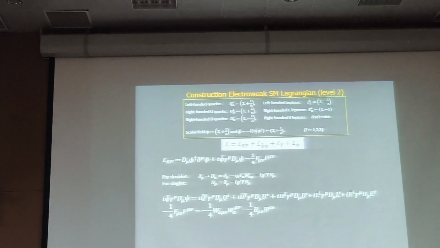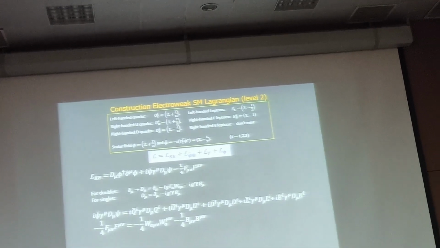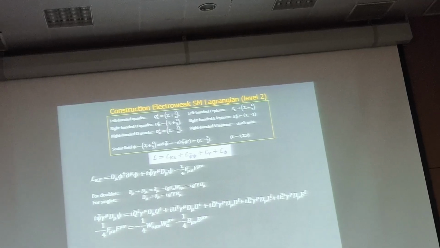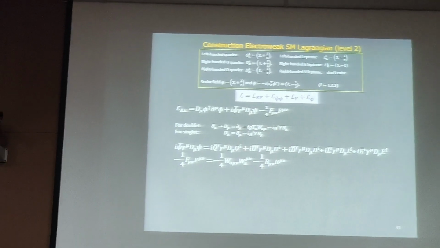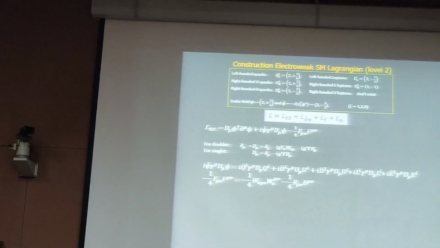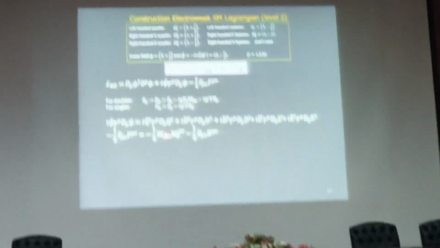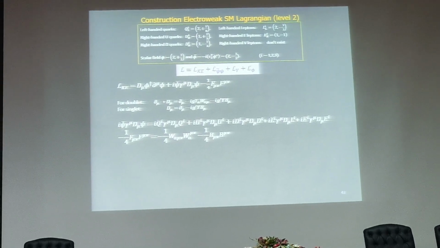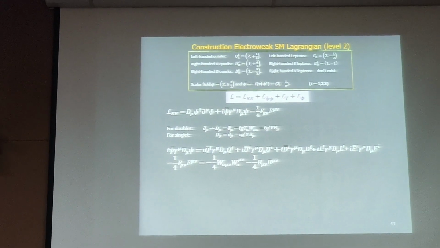And since we have two groups, SU2 and U1, corresponding to SU2 we have 3 generators and 3 gauge fields, and corresponding to U1 we have 1 gauge field, and these are the kinetic energy terms. These are the kinetic energy terms corresponding to the gauge fields of SU2, and this is the kinetic energy term corresponding to the gauge field of U1.